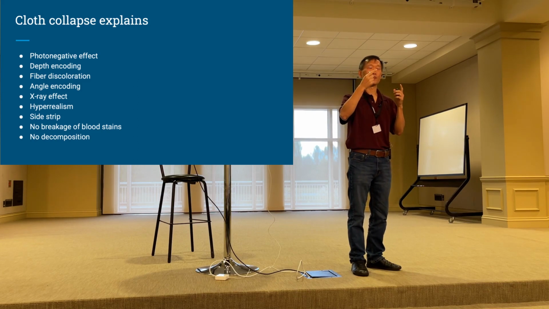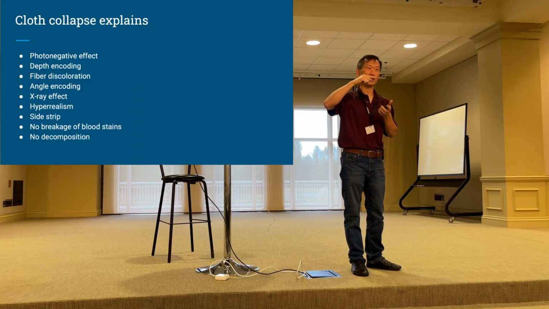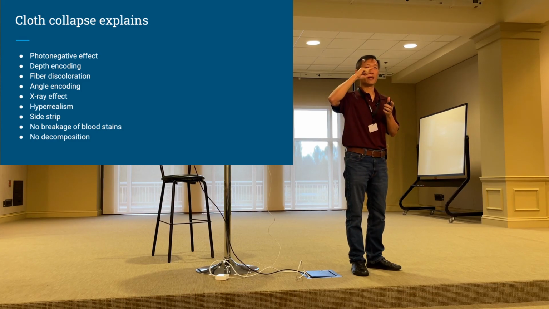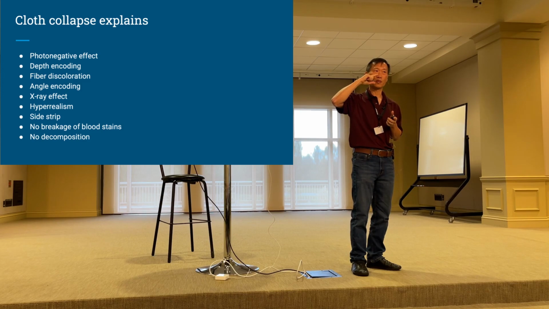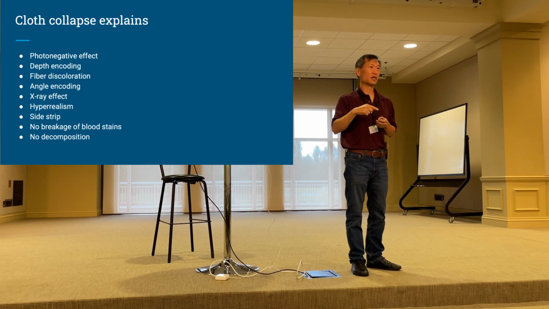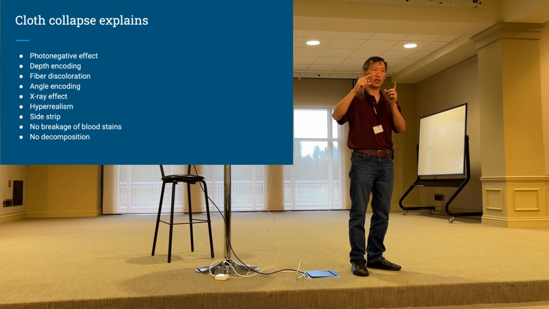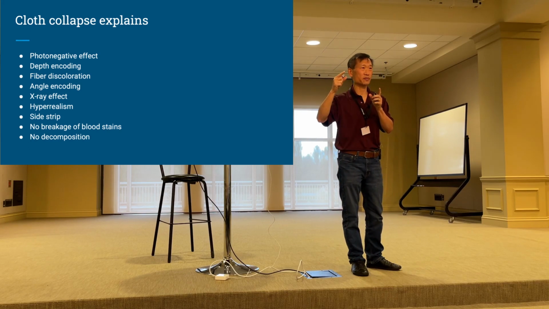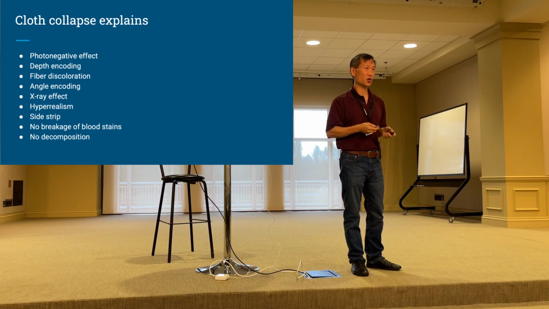The parts that oxidized are the parts that touched the body, and then it turned darker. Now, the parts that were closer to the body interacted with the cloth more. The cloth that was farther away interacted with the body less. So that's why there's this change in the discoloration, and that would account for the depth encoding.